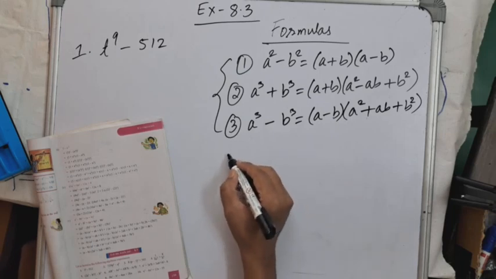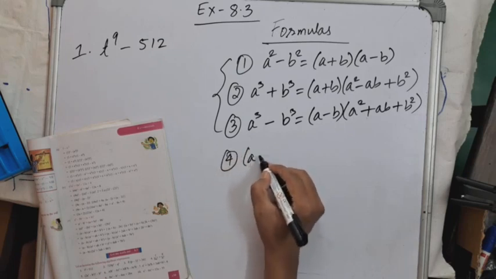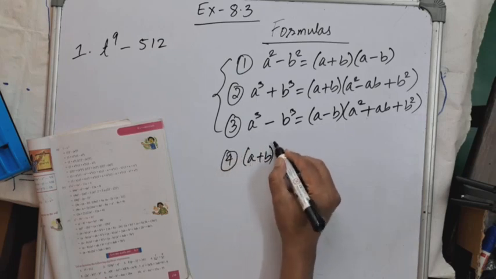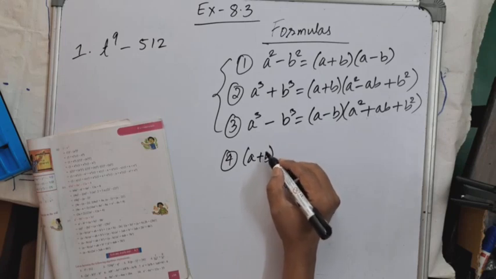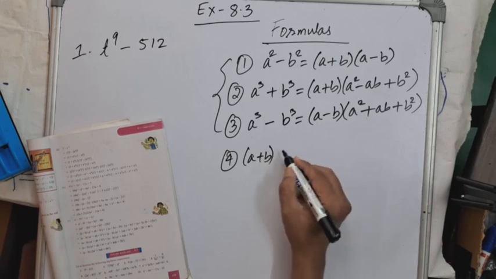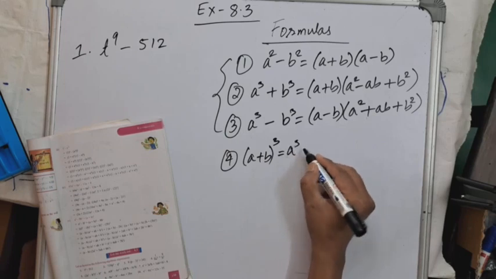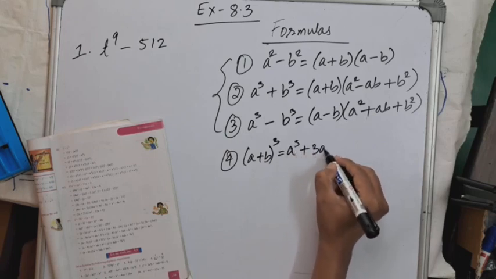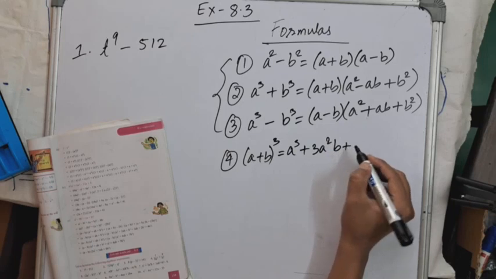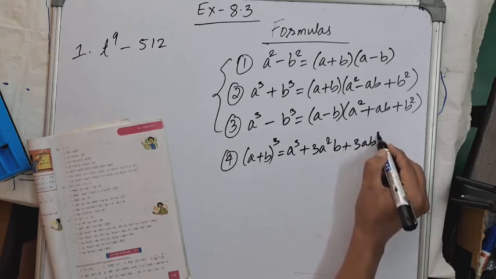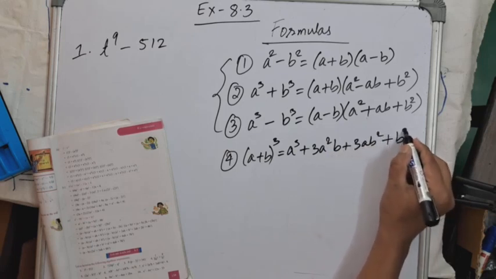Sometimes we may need 2 other formulas also. That is a plus b whole cube. We need this in the last part of the questions, that is question numbers 7, 9 and 10. A plus b whole cube is a cube plus 3a square b plus 3ab square plus b cube.